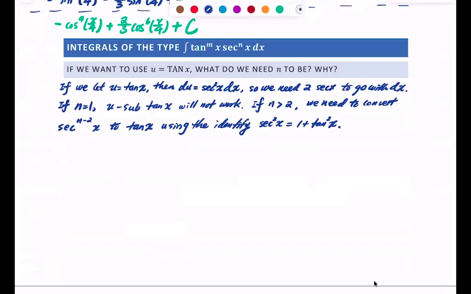Okay, so again, every time you need 2 to make it happen, so n minus 2 better be an even number. So it works if n minus 2 is even.